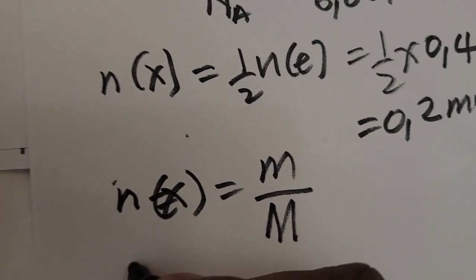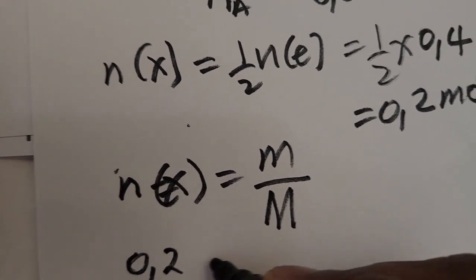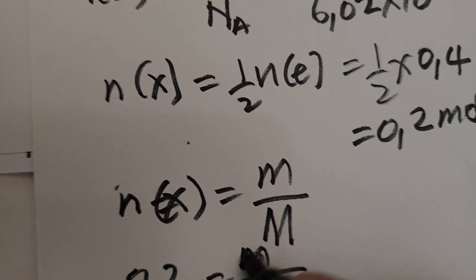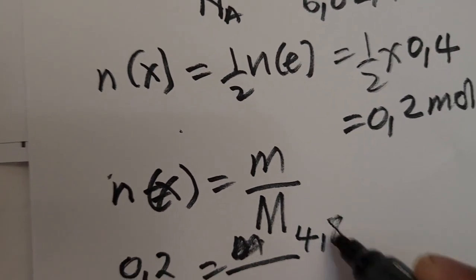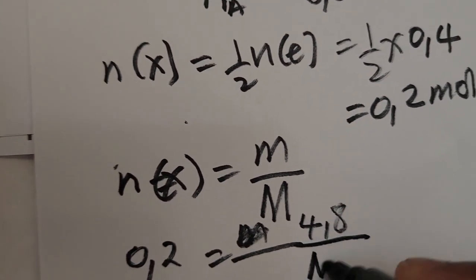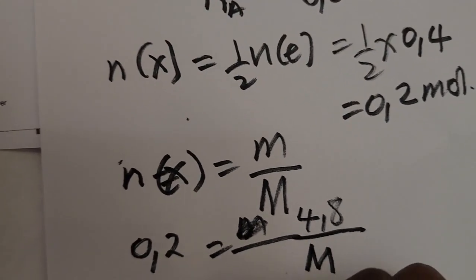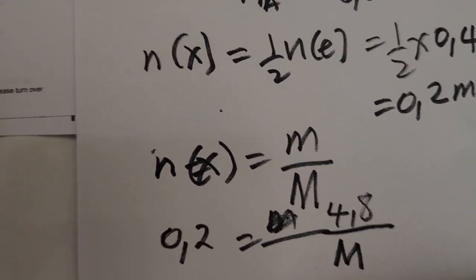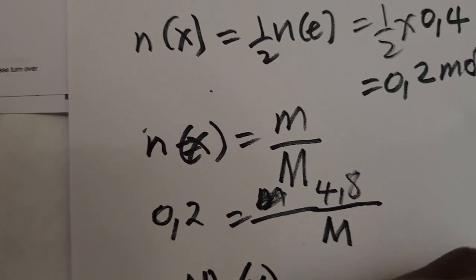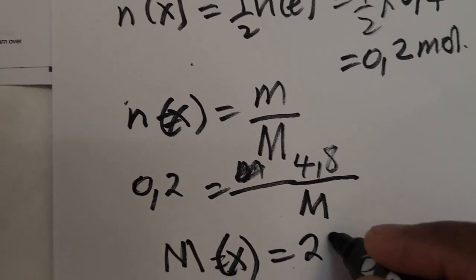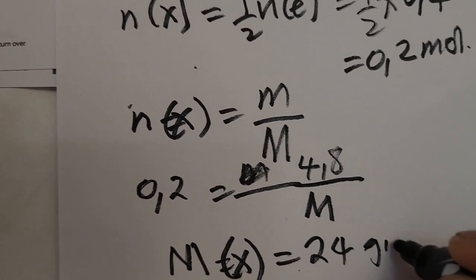The number of moles is 0.2 equals given mass 4.8 divided by M. Therefore, the capital letter M, which is that of X, will be 24 grams per mole.